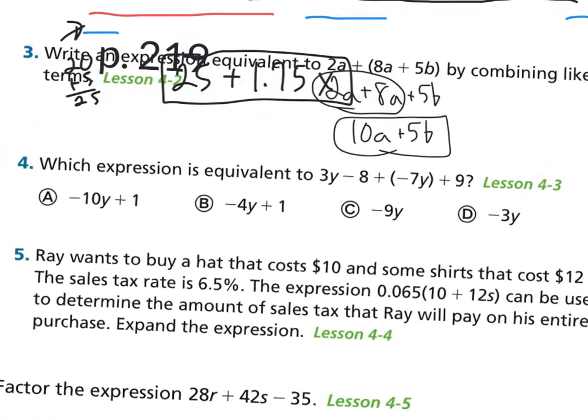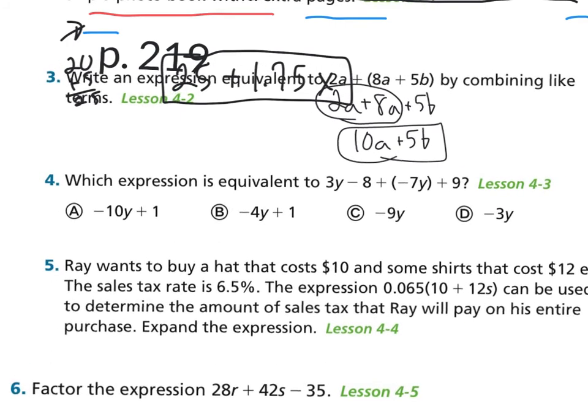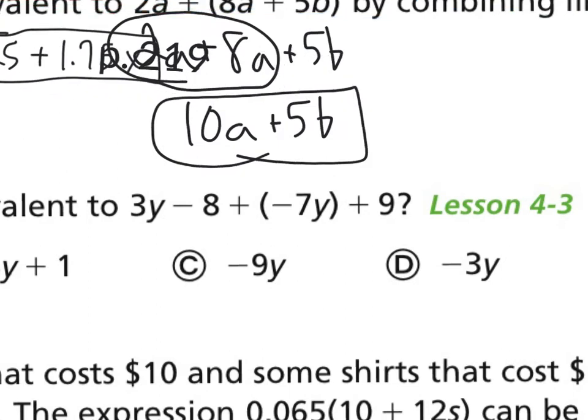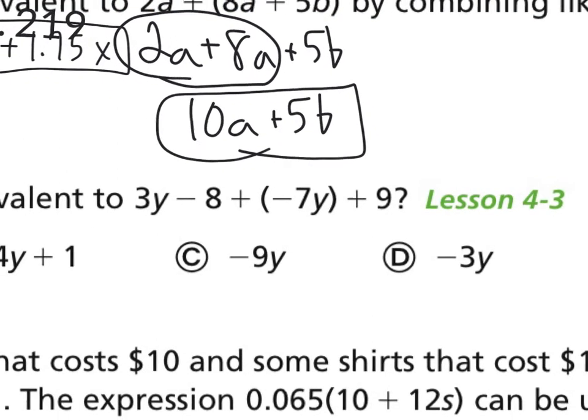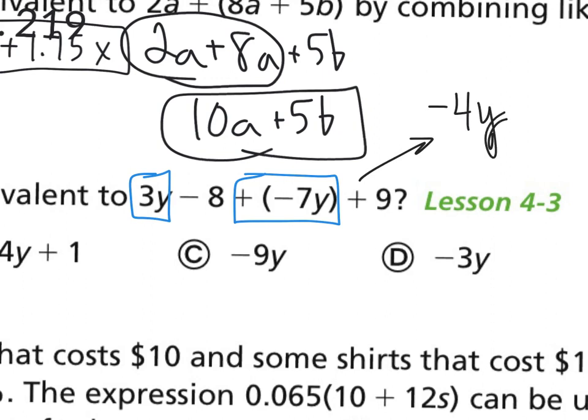Number 4, we want an expression equivalent to that. Based off of their answer choices A, B, C, D, we're thinking only one of these is going to work. But sometimes there's multiple options, so just be careful with that. So 3y plus negative 7y we could combine, which would be negative 4y.